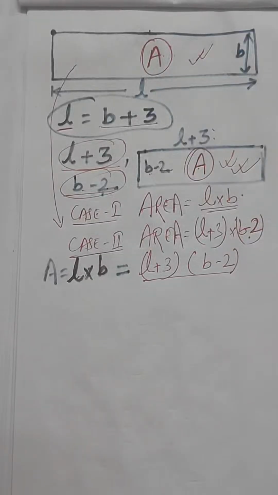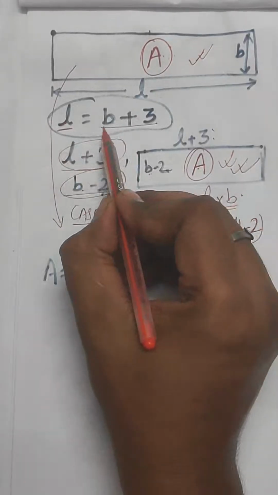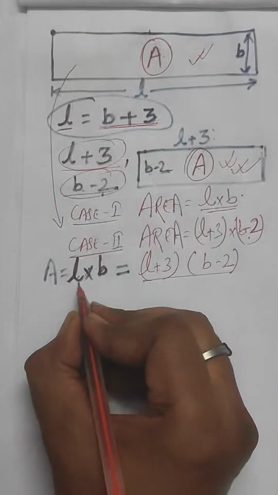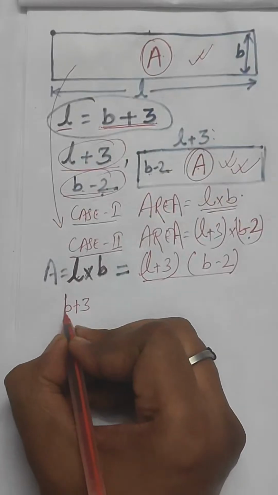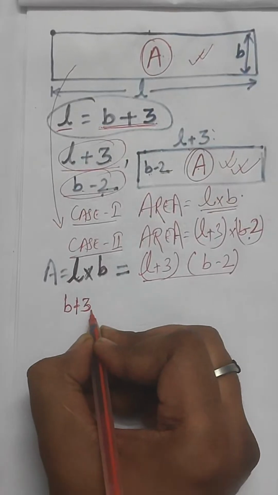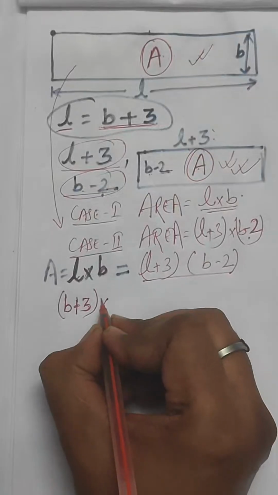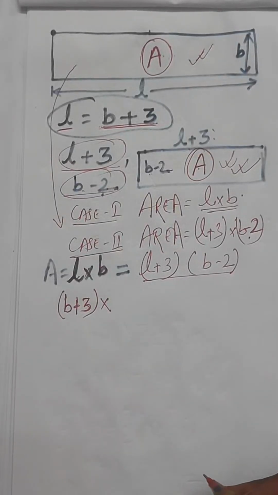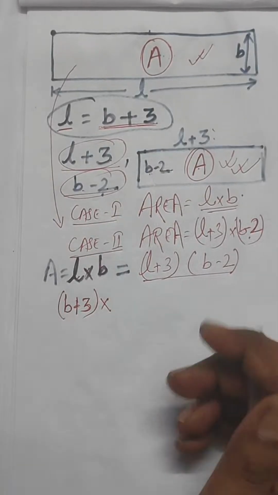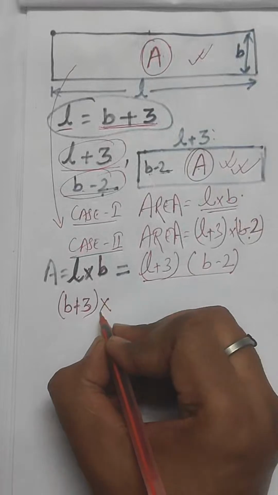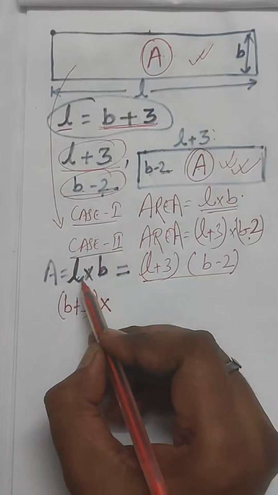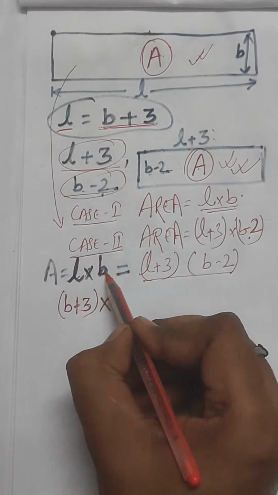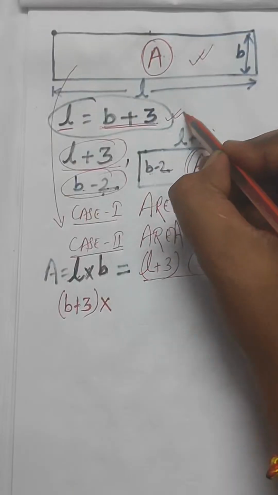So instead of L we can write B plus 3, because L and B are the two variables with us, and when two variables are there, we can substitute one variable in the form of the other. So L can be represented as B plus 3 from this relation.